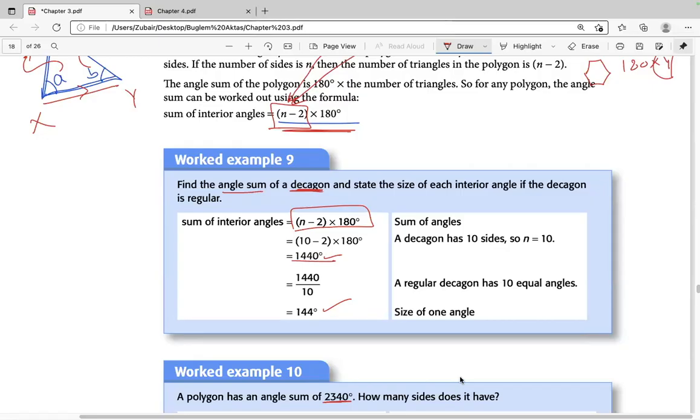Maybe two more. Sum is equal to (n minus 2) into 180. On the other side we have 2340, divided by 180 is equal to n minus 2. So 2340 by 180, plus 2, is equal to n. Okay. So 13 plus 2 is 15.